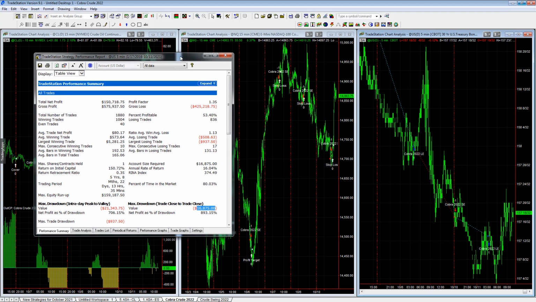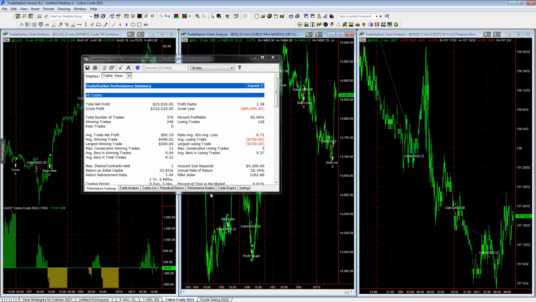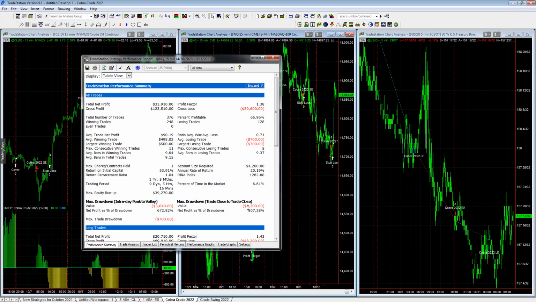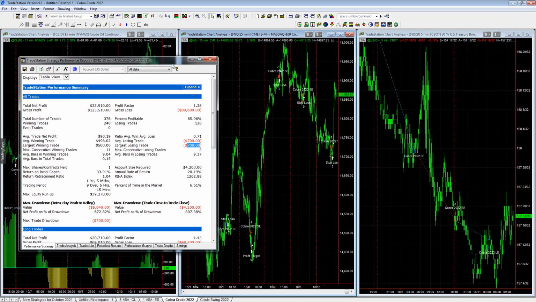Big drawdowns. It's swing trading futures contracts. You can have drawdowns like this. You could trade the micros. Let's see here. Nasdaq, 4,200 max drawdown, $700 stop loss. I think all of these, it doesn't have an exit, but because the stop loss is 700 and the profit target is 500, it always gets out before the end of the session.